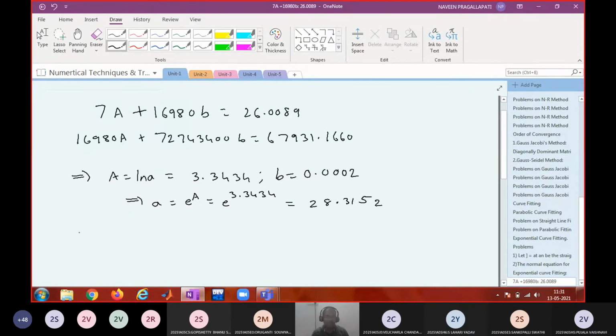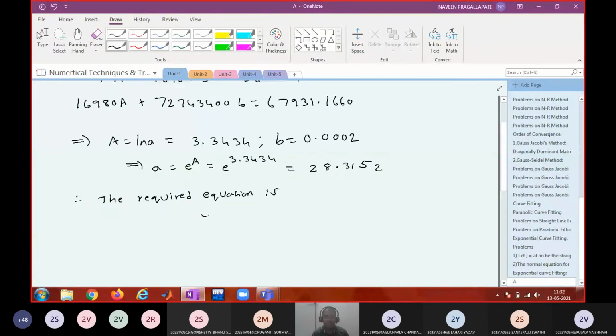Okay. So therefore, the required equation is y equal to a e power bx, implies y equal to 28.3152 e power 0.0002x. Okay.